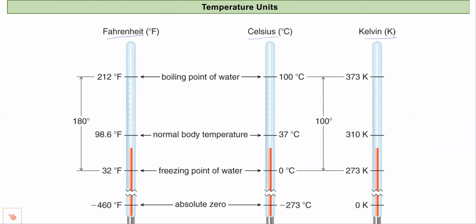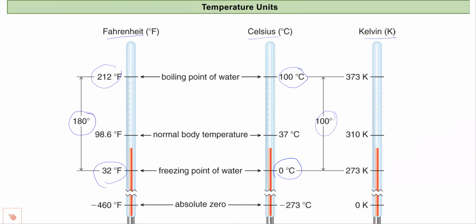So comparing Fahrenheit and Celsius, we can see that 1 degree is different between the two scales. Water boils at 212 Fahrenheit and 100 degrees Celsius, but freezes at 32 Fahrenheit and 0 degrees Celsius, so the difference is 100 degrees in Celsius and 180 degrees in Fahrenheit.